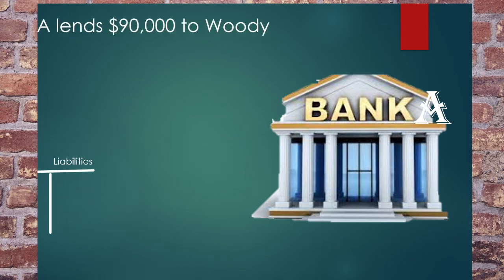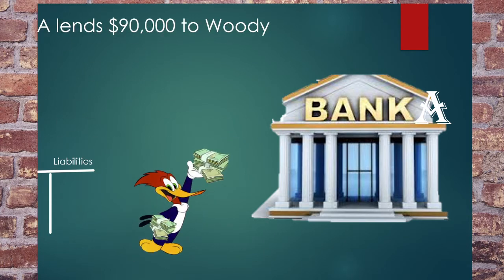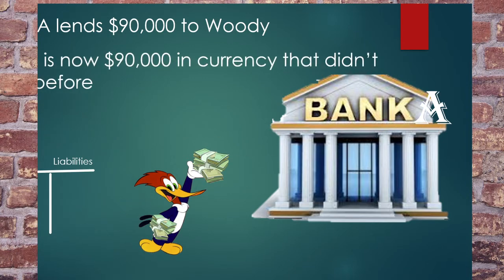Bank A decides to lend money to Woody, right? Who wouldn't lend money to a woodpecker? So there is now $90,000 in currency that didn't exist before. The checkable deposits in Bank A is still $100,000 for Goofy, and now Woody's got 90,000.